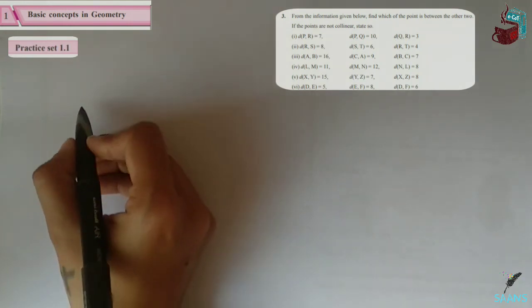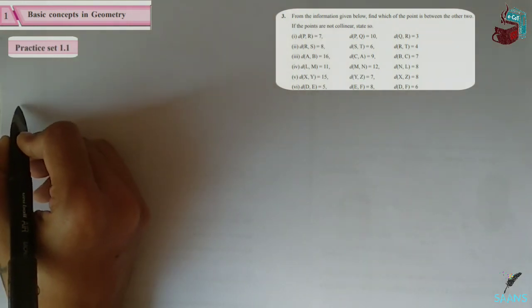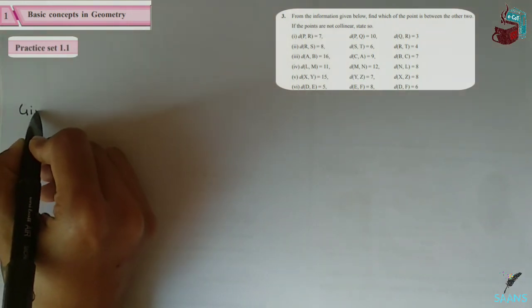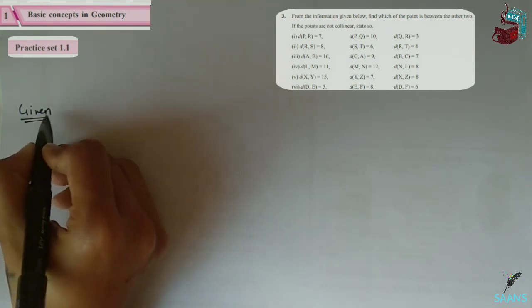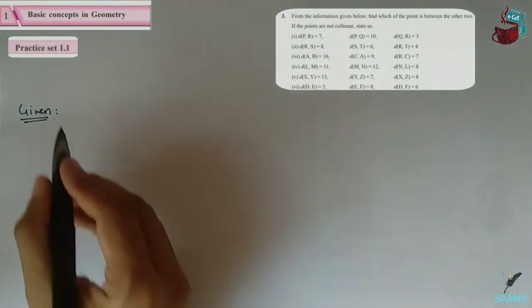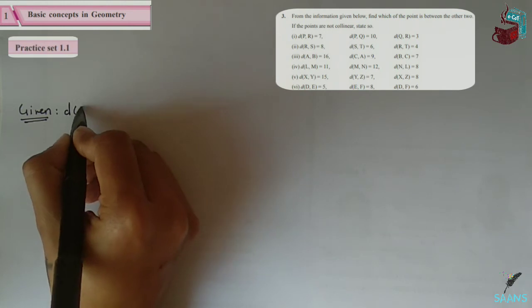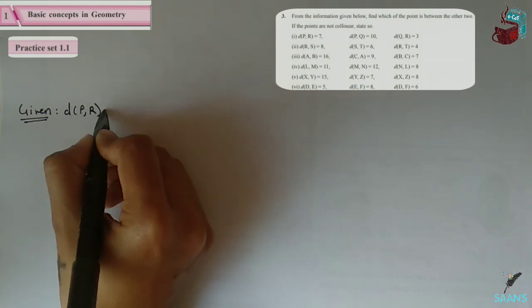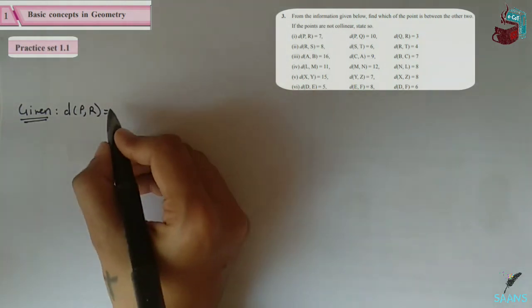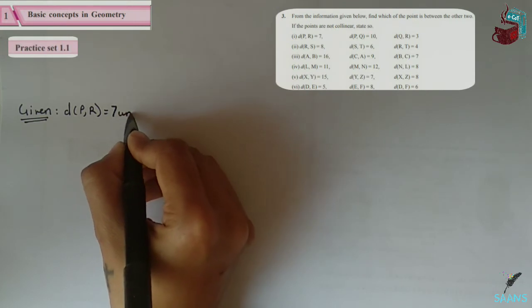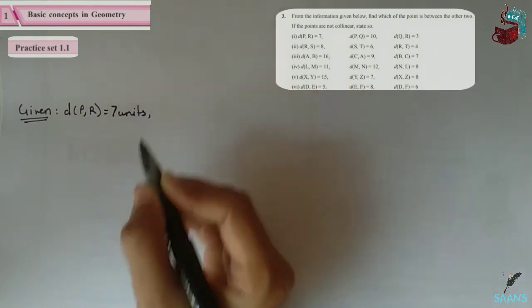Let's start with given. Distance PR is equal to 7 units.